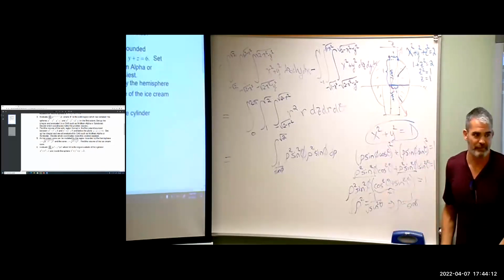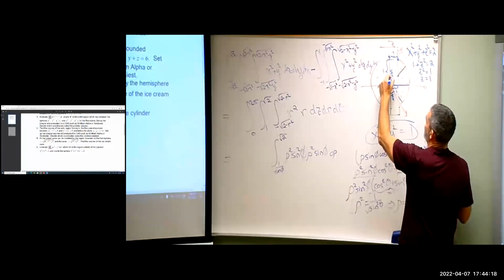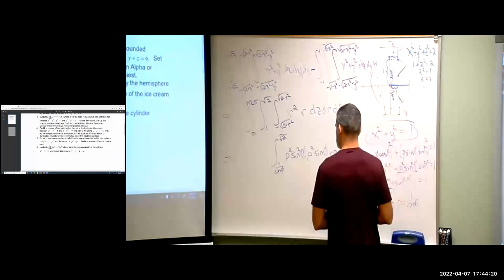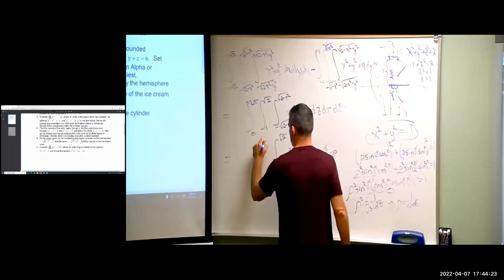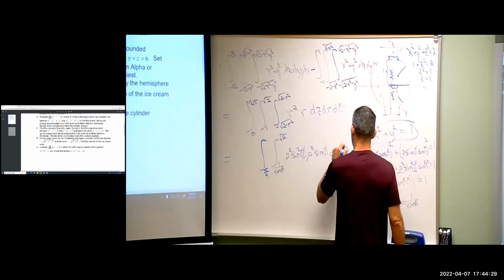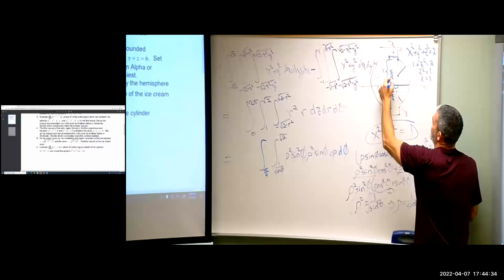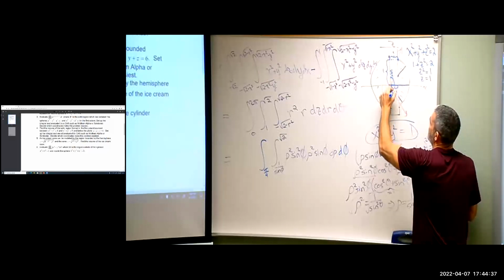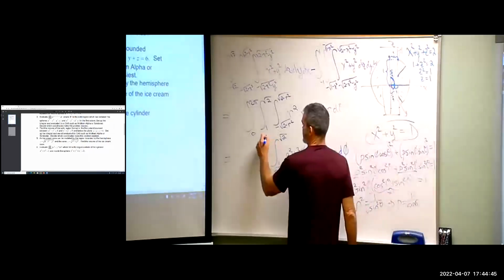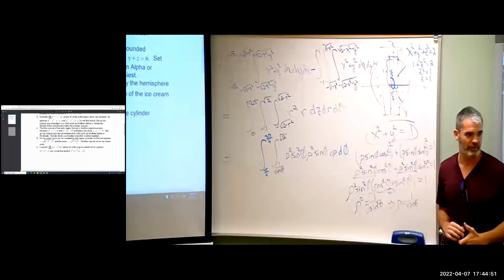Well, both limits can't be pi over 4. We need this angle here, and that's our lower limit. Our lower limit is pi over 4 on phi. So we're doing phi next. Our upper limit means, where are we going to end? We're going to go all the way to here. If this is pi over 4, then pi minus pi over 4 is 3 pi over 4, and there is our upper limit on phi.